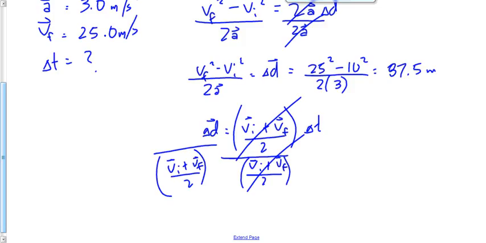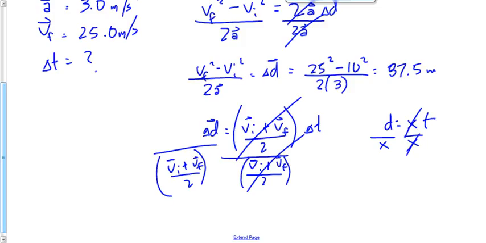Let's say we had D is equal to X times T. Could I divide both sides by X? The X's would cancel, right? That makes sense? I can do whatever I want as long as I do it to both sides. So let's pretend X is VI plus VF over 2.